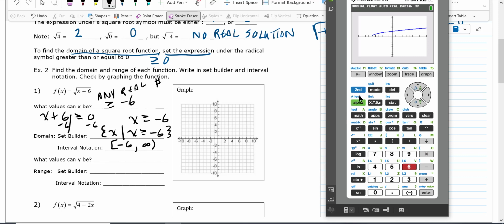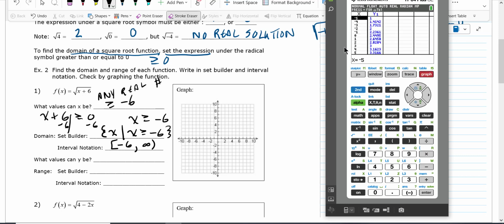Next, let's go to the table of values. If you go second graph, try to start finding some values. What I want you to see is there's a bunch of errors coming out. The reason these errors are coming out is because the calculator is doing a square root of a negative number.